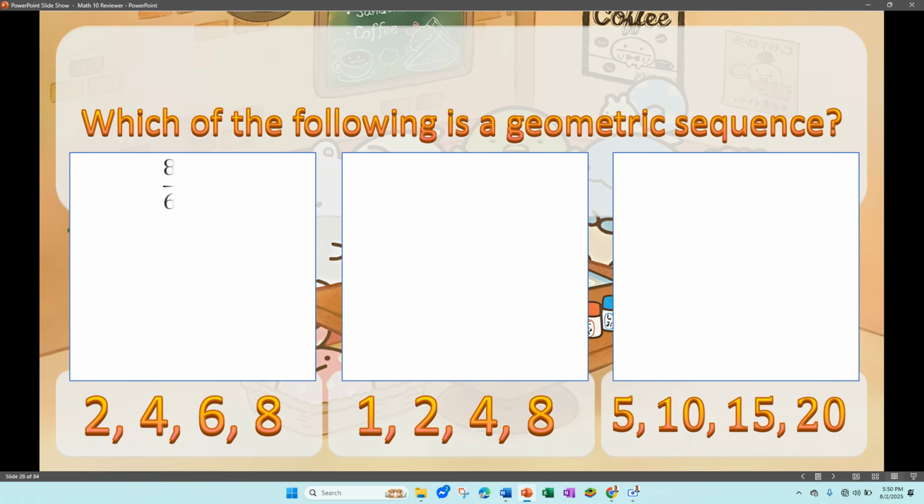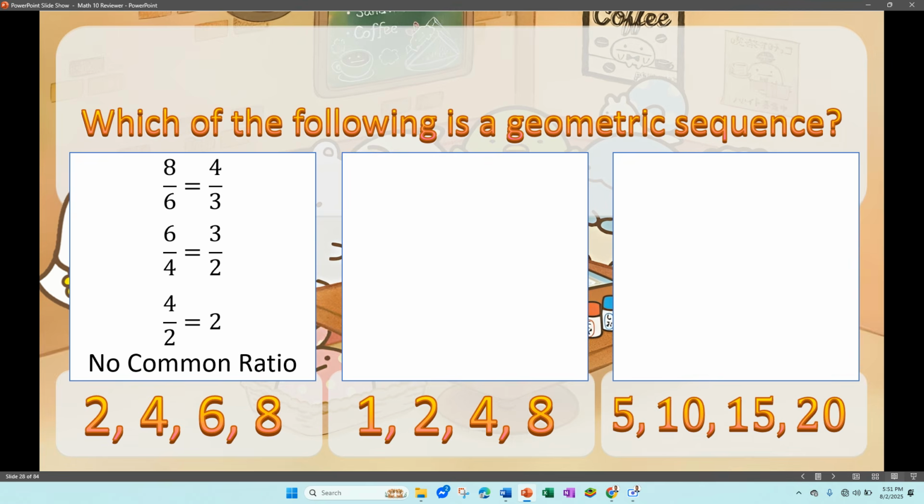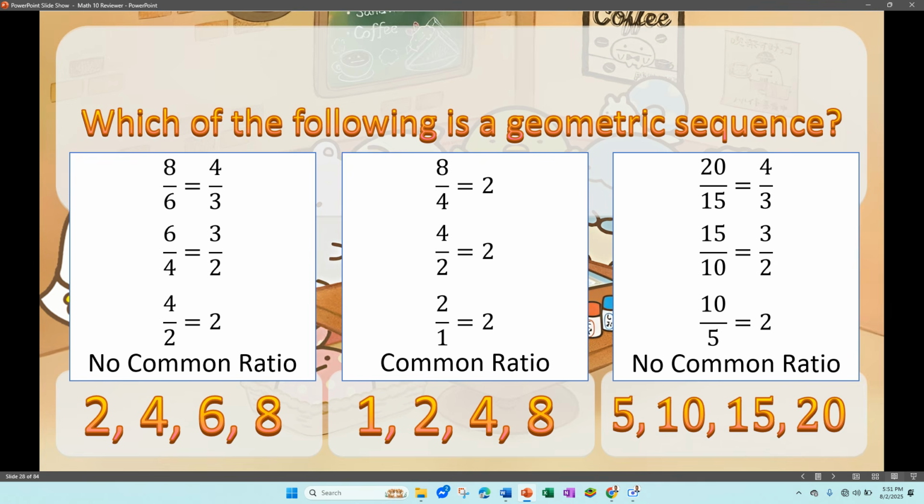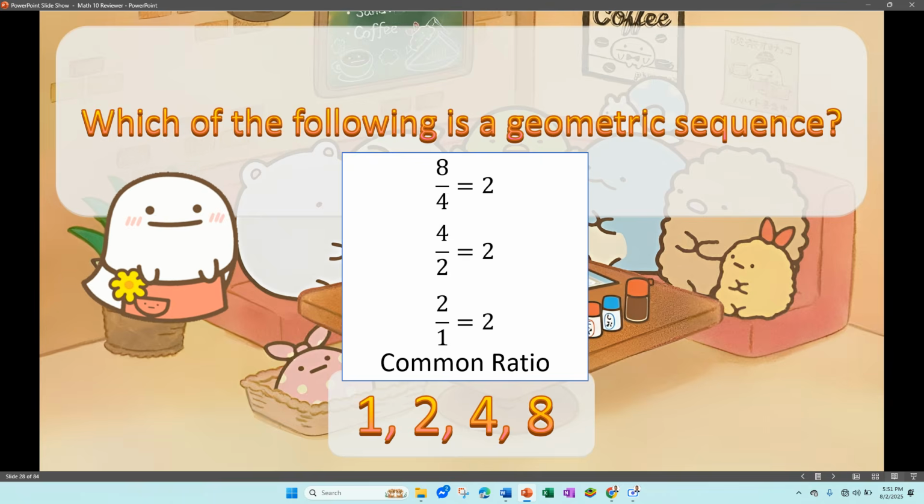So, in option A, 8 divided by 6, 6 divided by 4, and 4 divided by 2, we found out that there is no common ratio. In the second option, the ratios are equal, and we have a common ratio of 2. In the third option, the ratios are not equal, so there is also no common ratio. So the correct answer in this question is 1, 2, 4, and 8.